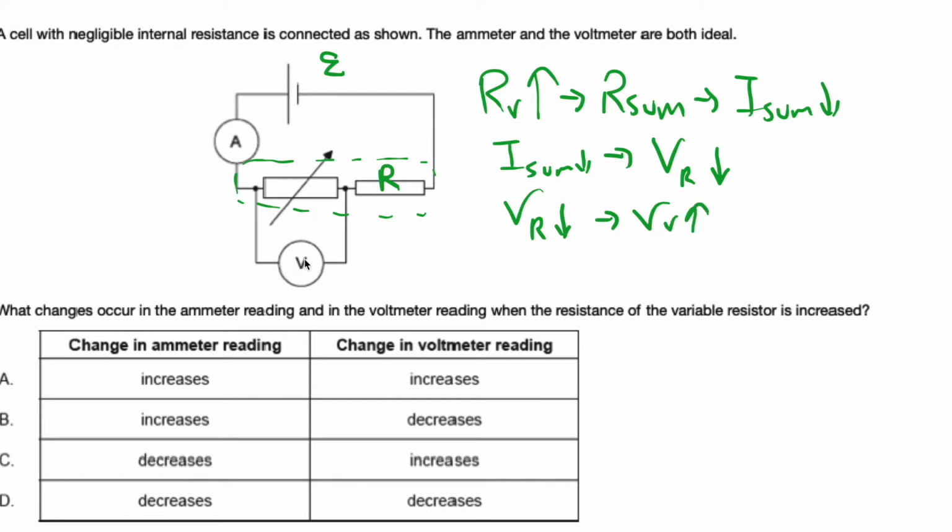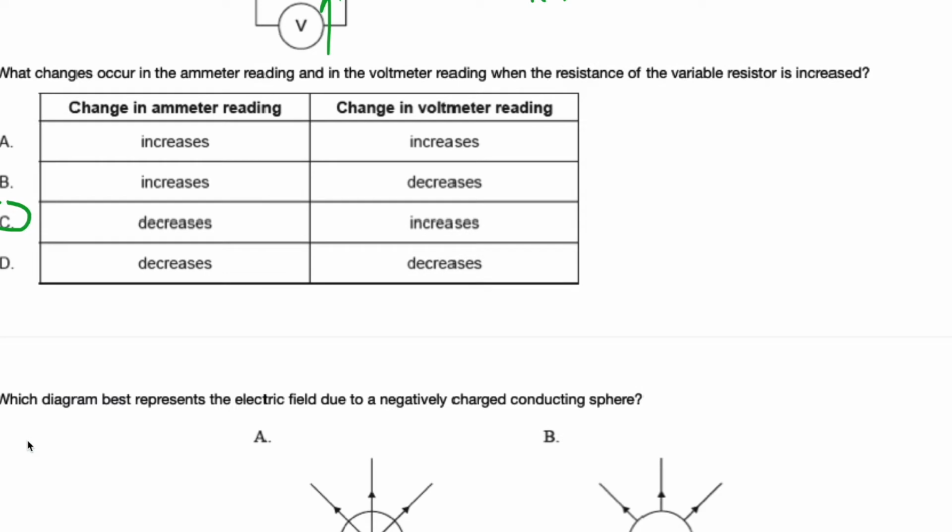Here the voltmeter measures the voltage of the variable resistor, and the ammeter measures current in the circuit. So current is going to be decreasing and voltage here is going to be increasing. So the answer will be C.